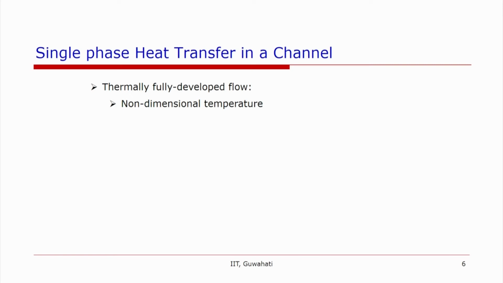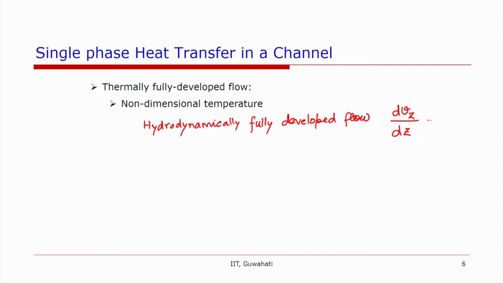Now, for thermally fully developed flow, if we remind ourselves that hydrodynamically fully developed flow refers to dVx, or the velocity in the axial direction, let us say dVz over dz, is equal to 0.